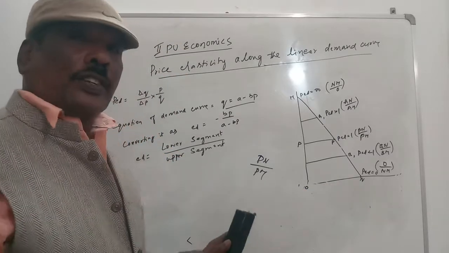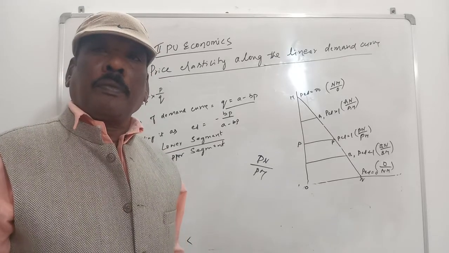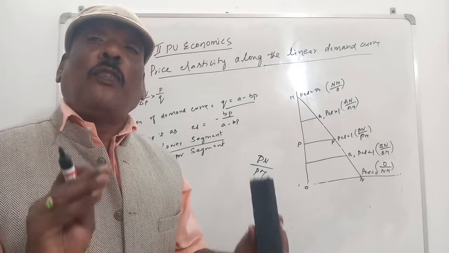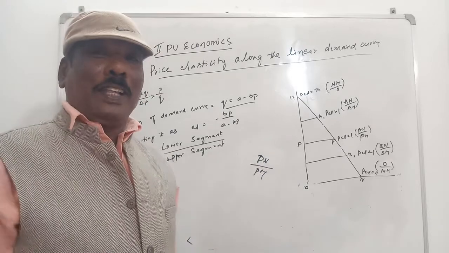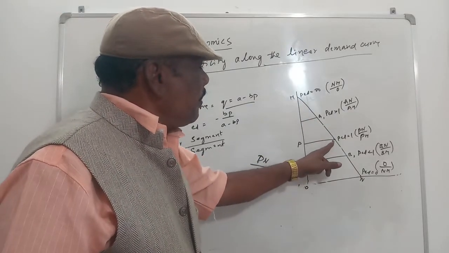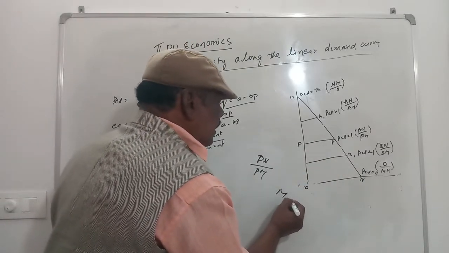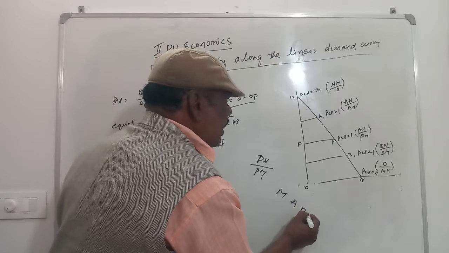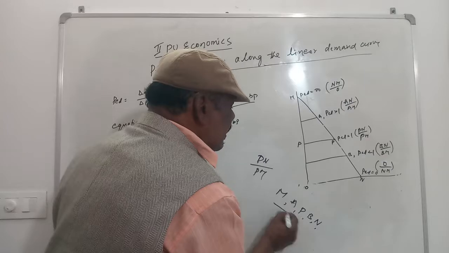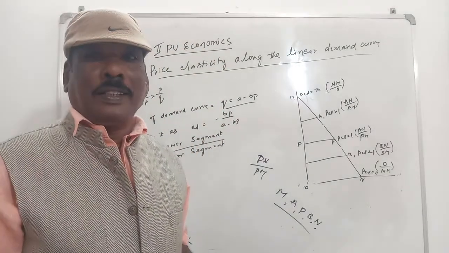Now let's understand how the different points indicate different types of elasticity of demand. Please understand the different points, that is M, A, P, B, N. These points denote the different types of elasticity of demand.